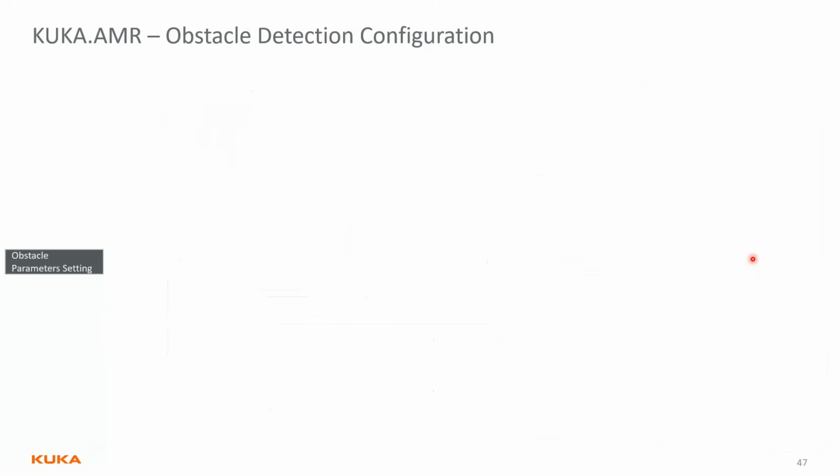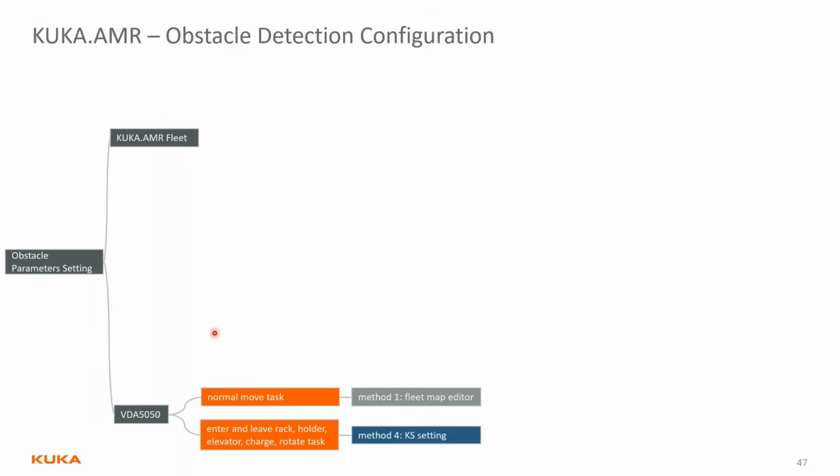So we have a diagram here that we received from our global colleagues that specifies when to use which parameters. They break it down to KUKA AMR Fleet, this is our fleet manager, or VDA 5050.